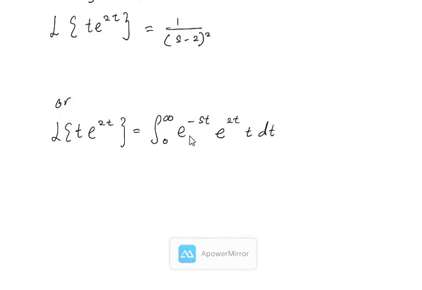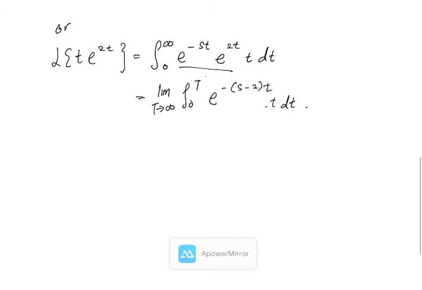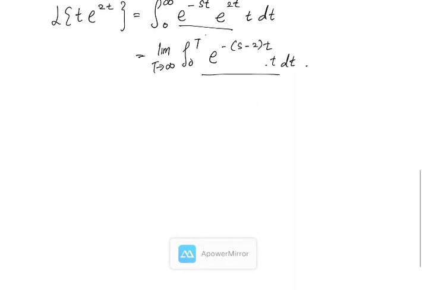So this is the formula for the Laplace transform. So now I combine both, the limit as t goes to infinity, from 0 to t, I combine these two, so I can get e^(negative (s minus 2) t) dt. Okay, for the tabular method, this part I can do with the tabular method.